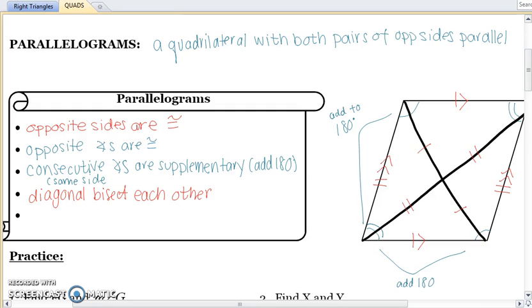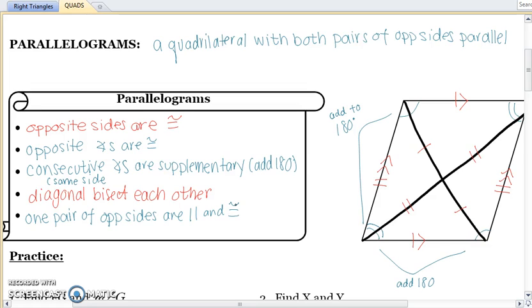And our last conclusion is that one pair of opposite sides are parallel and congruent. So those are all of the characteristics that we can say about a parallelogram.